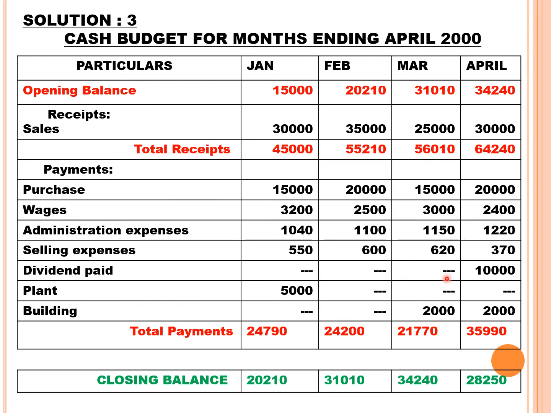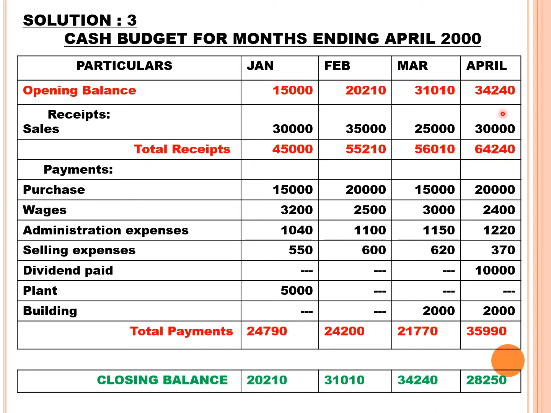No dividends are paid, no plant is purchased in the month of March, but building is purchased in the month of March, and monthly installment is paid 2,000. Since the word monthly is given, starting from March onwards, monthly you should pay 2,000. So total payment 21,770. So you get a closing balance of 34,240.